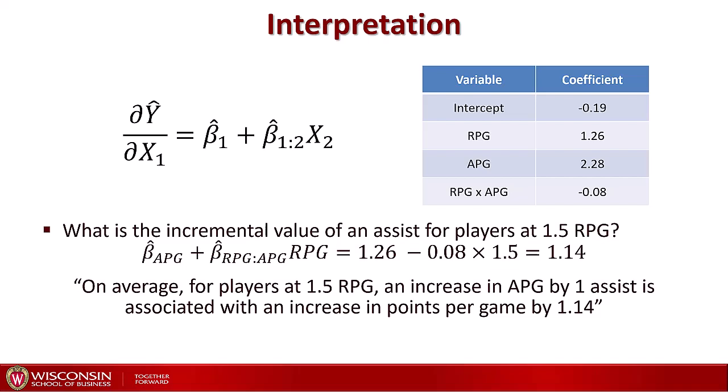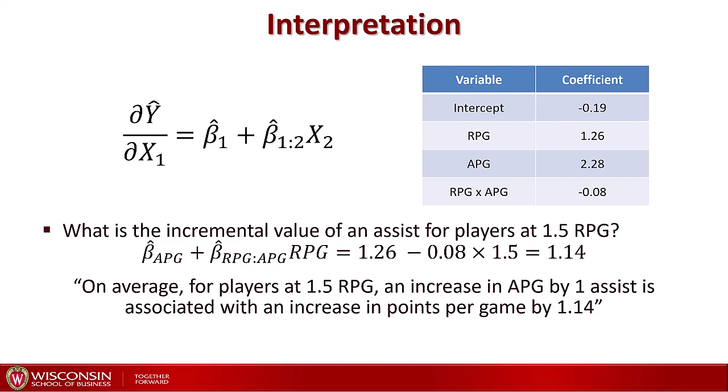We fix it at 1.5. So to get the incremental value, we look at the equation at the bottom. We should get beta 1 hat, that's beta hat assists per game, plus beta 12 hat, which is for the interaction term between rebounds per game and assists per game, times x2, which is rebounds per game.